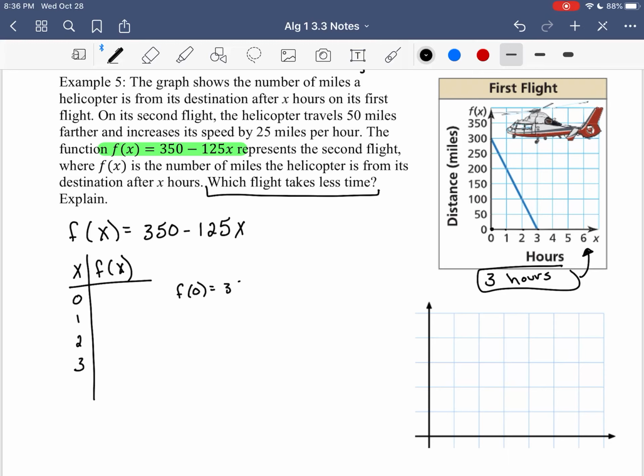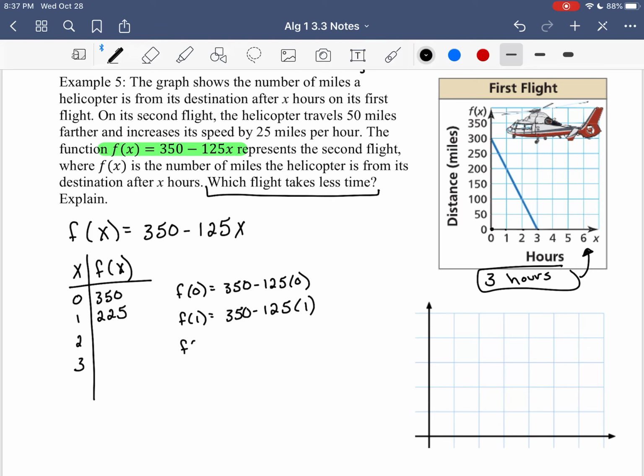So here we have 350 minus 125 times 0, which would be 350. Okay, 1. So 350 minus 125 times 1. So 350 minus 125 would be 225.